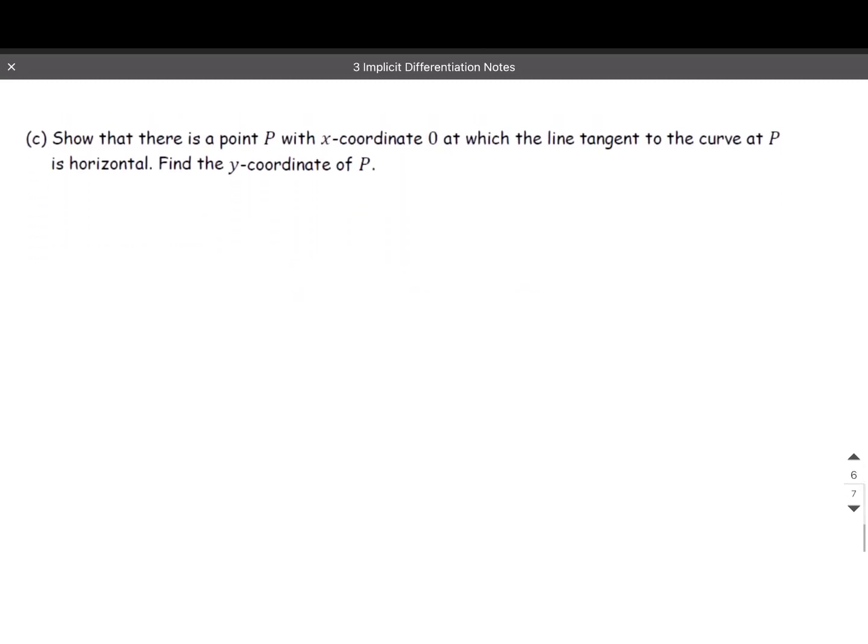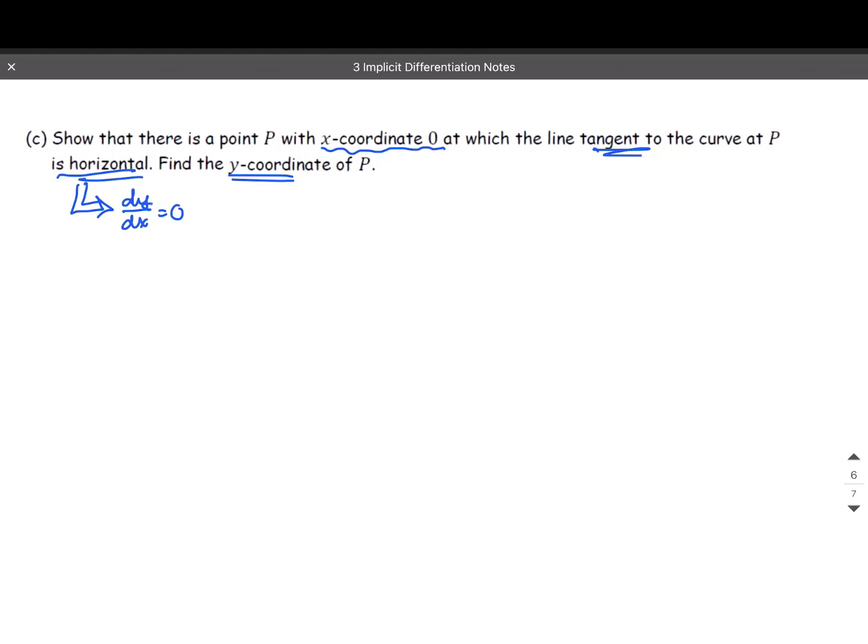Part C. Show that there is a point with an x coordinate 0 at which the line tangent to the curve at P is horizontal. Now remember, if you have a horizontal tangent, that means that the derivative is 0, and we have to find the y coordinate also.